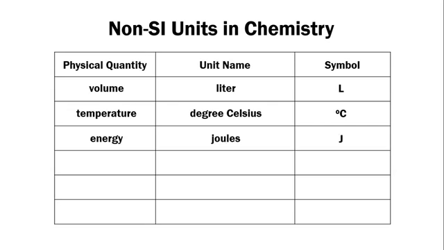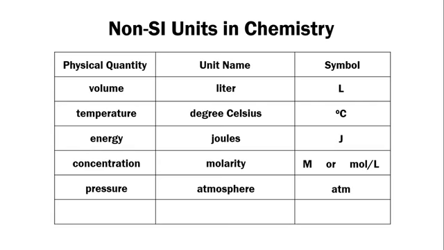Energy is sometimes in either calories or joules. Units of concentration can be in moles per liter, or you might have grams per liter, or possibly some kind of percentage based on mass or volume. Pressure, besides in pascals, can also be either in atmospheres or in millimeters of mercury. So just to give you an idea of some other units that are available for you in chemistry.